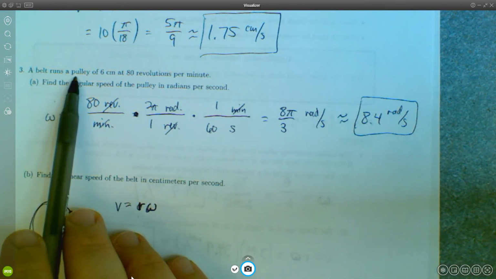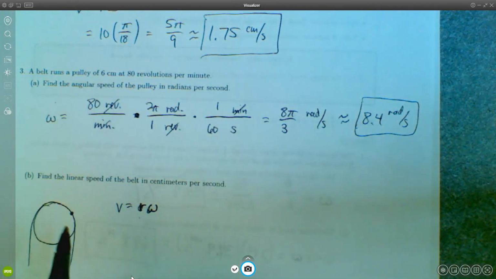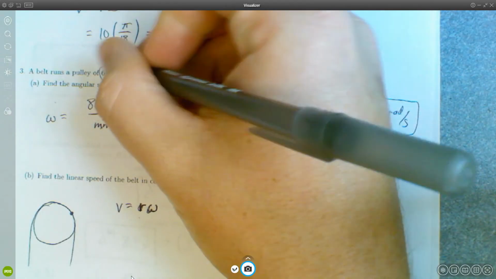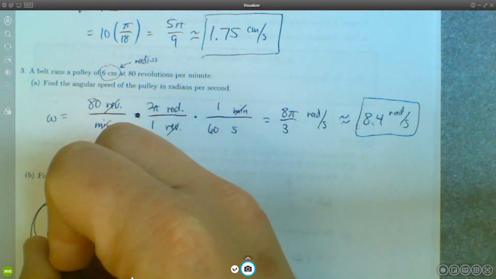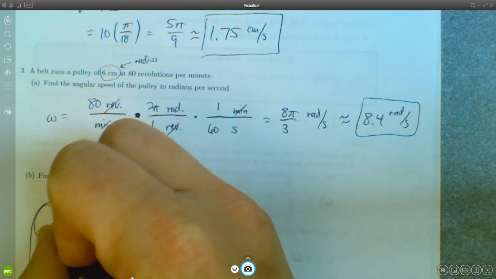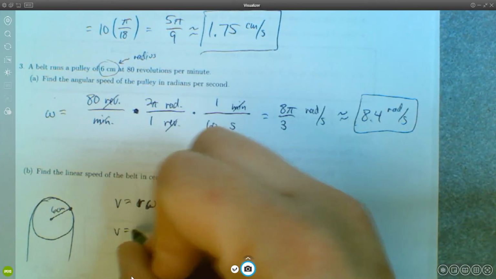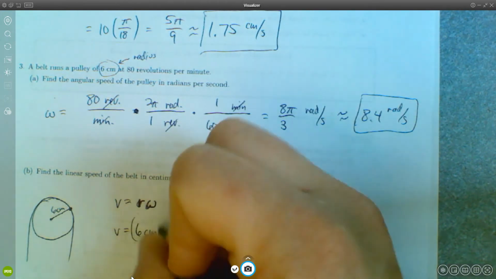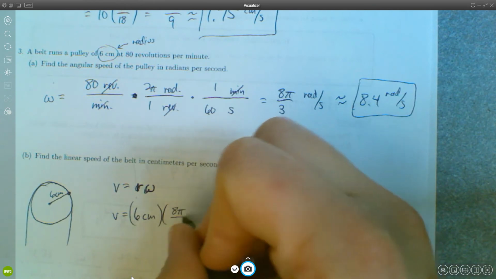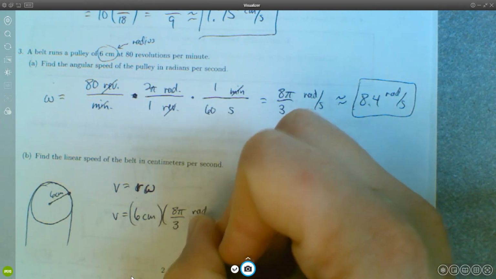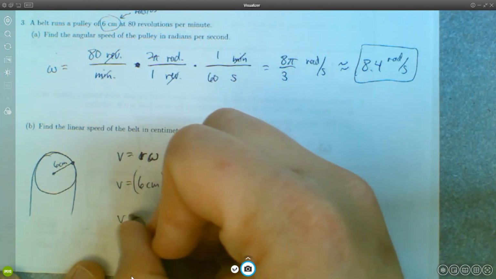Now we're told that the belt runs a pulley of 6 centimeters. I think we're meant to assume that that's the radius. Right? So the linear speed would be 6 centimeters times 8 pi over 3 radians per second. This is going to leave us with a velocity in centimeters per second.